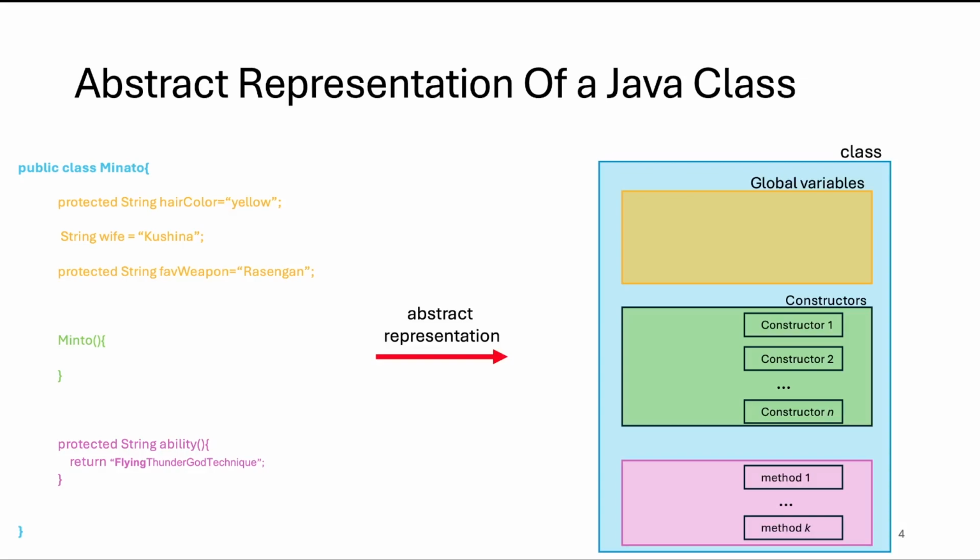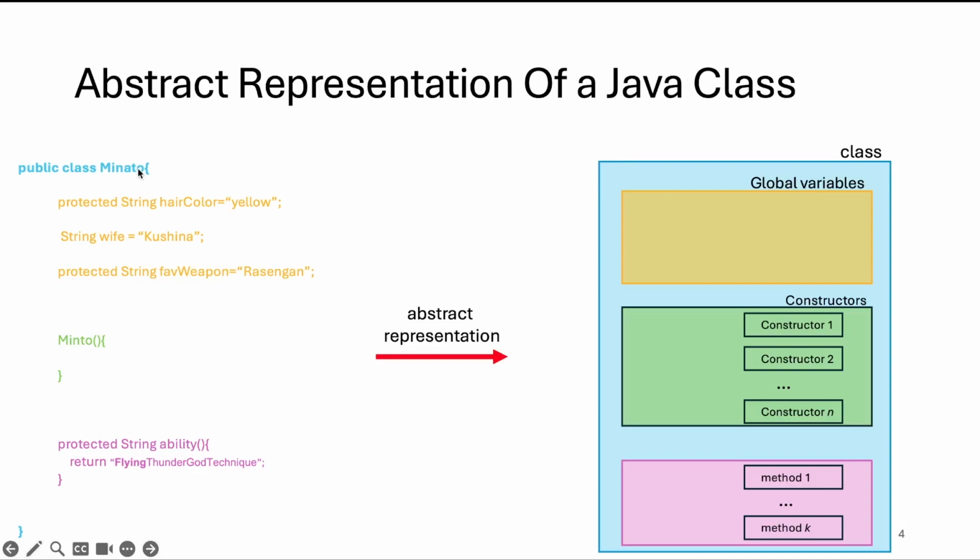As you can see here, I have a public class Minato. This class I have represented with blue color. So on the right side, the blue box represents the whole class.